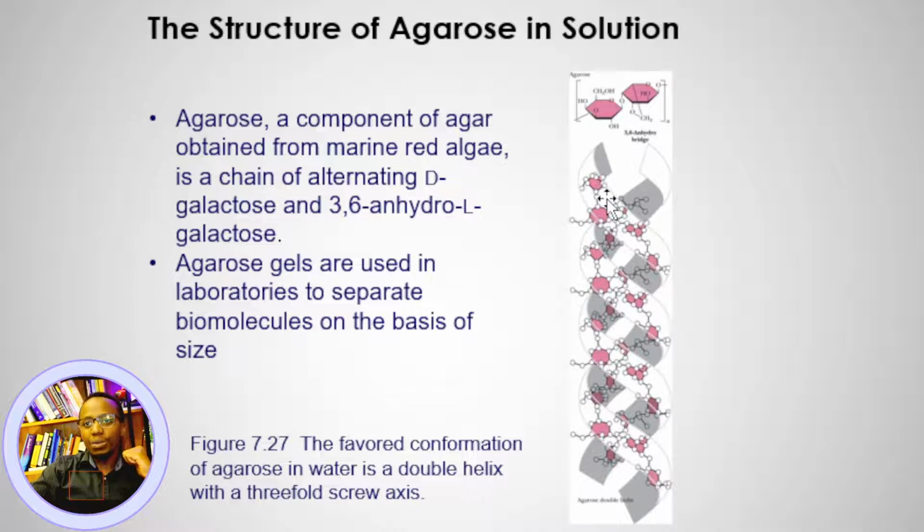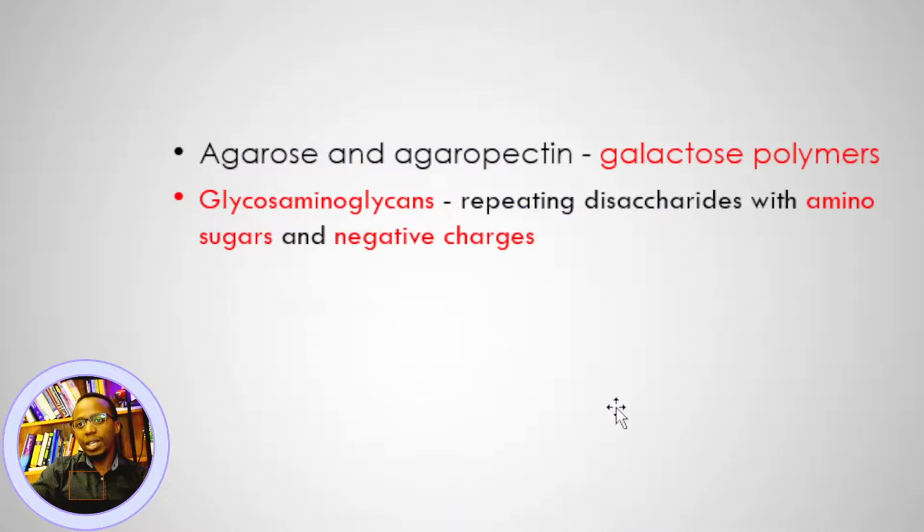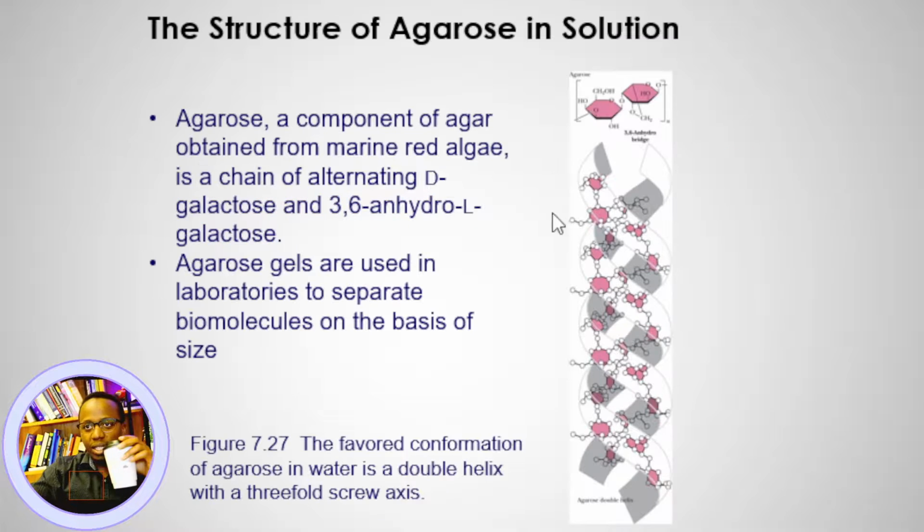So agarose is very interesting because it forms a helical structure, right? We talked about how it's made of galactose units, but these galactose units form a helix like this. And when it forms a helix like this, these intricate structures can be used in the lab as a gel.